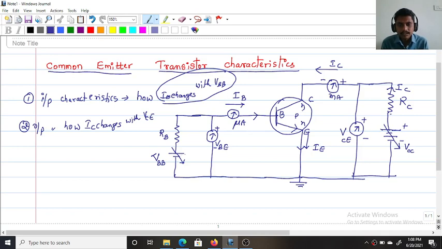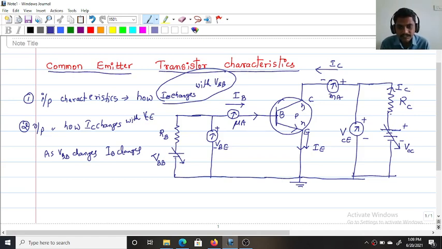We want to vary the voltage and study how the base current IB changes as VBB changes. The arrow mark represents a variable battery, whose voltage can be varied with the help of a knob.